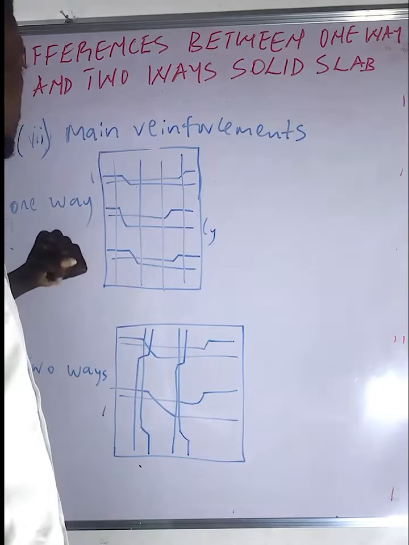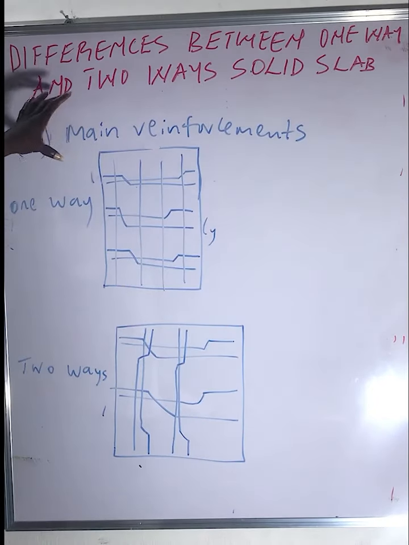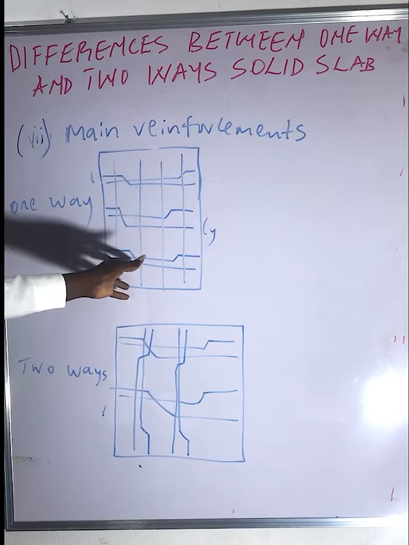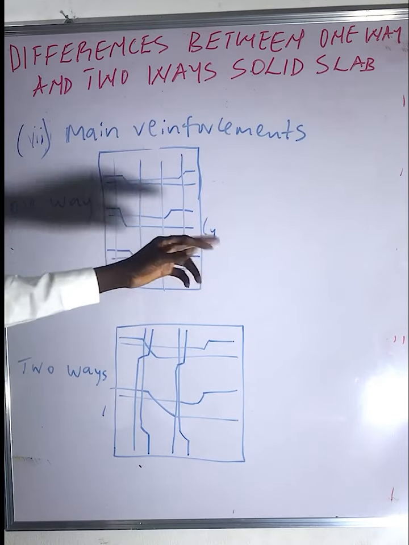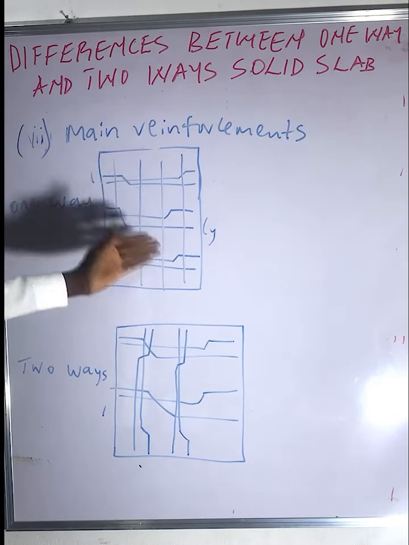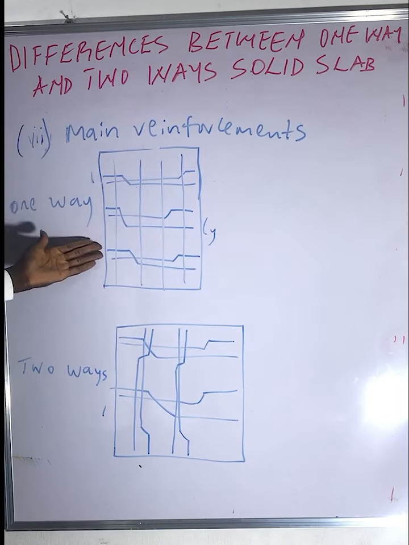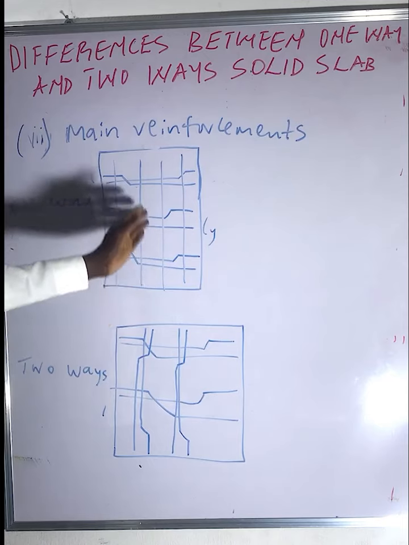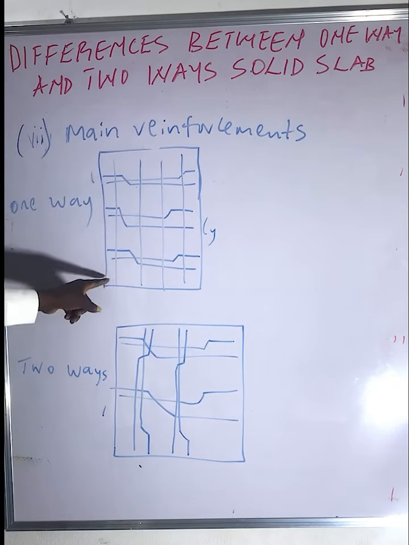Number 7, your main reinforcement for a one way is provided on the short span. You can see it. Your main reinforcement is provided on your short span, while your long span carries your distribution bars. That's where your distribution bar is.